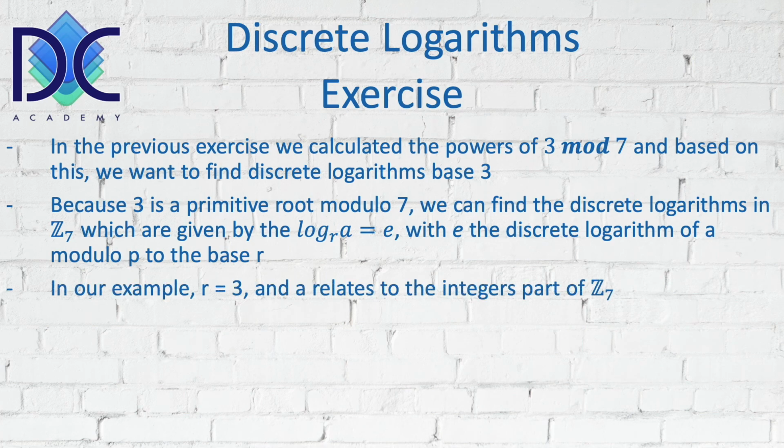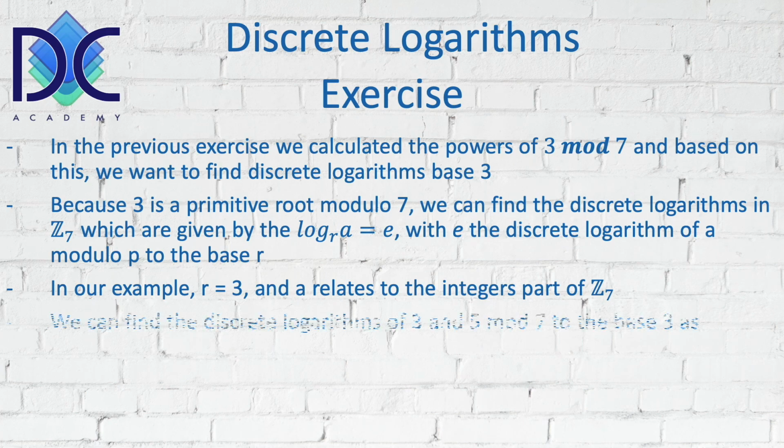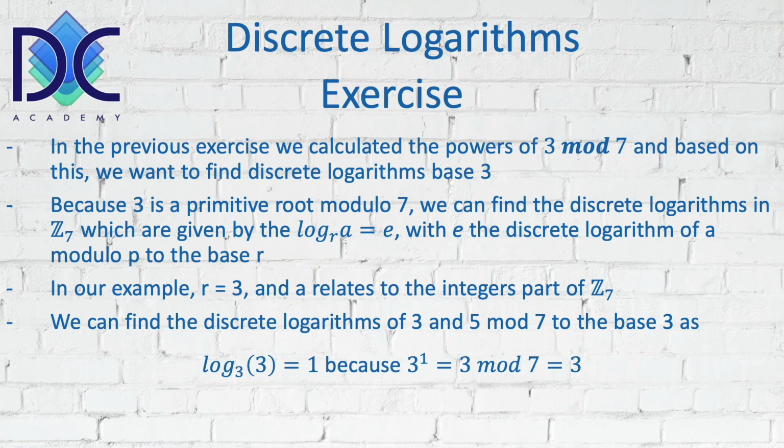In our example, r is 3, and a relates to the integers of Z7. We can find the discrete logarithms of 3 and 5 modulo 7 to the base 3. Log base 3 of 3 is 1, because 3 to the power 1 is 3 modulo 7, which is equal to 3.